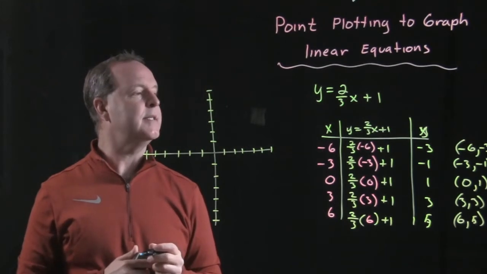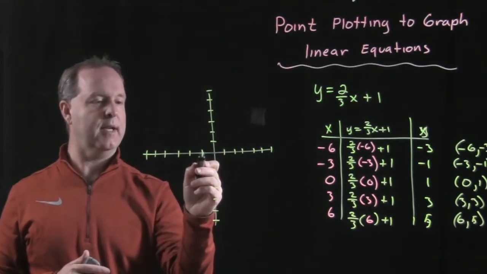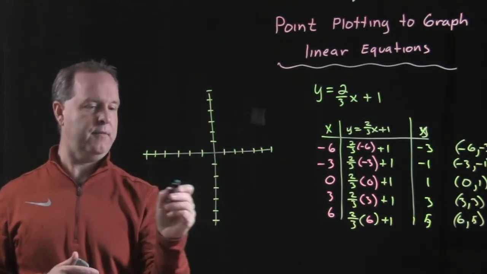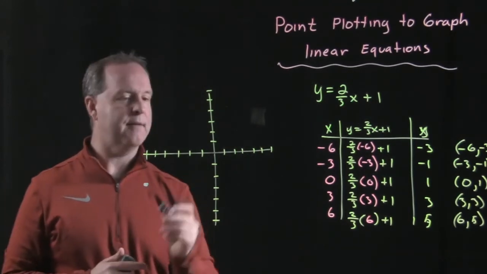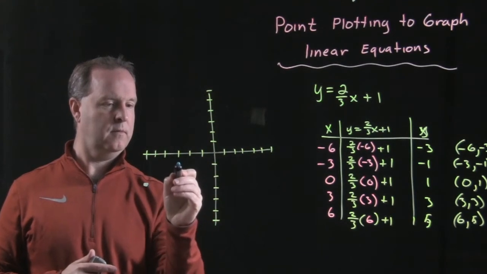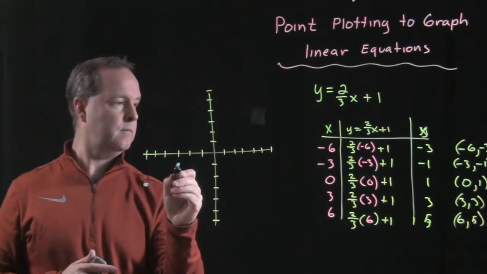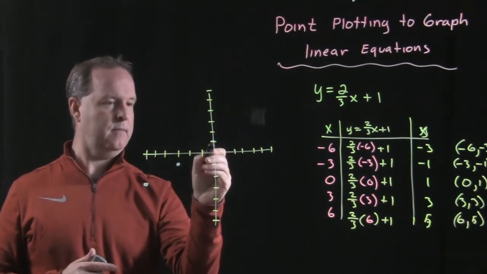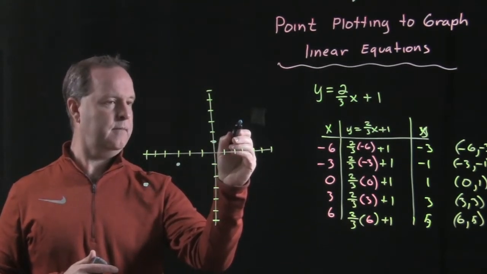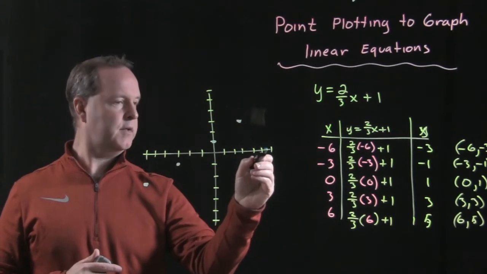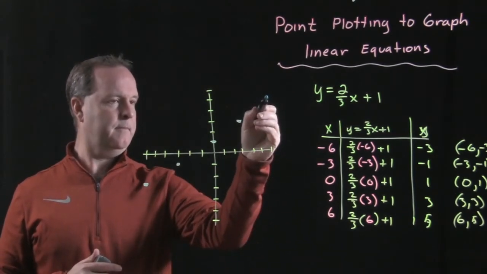And so the first point is -6 and -3. So backwards, think 1, 2, 3, 4, 5, 6, down 3. -3 and -1. Over 0 and up 1. +3, up +3. Over 6 and up 5.